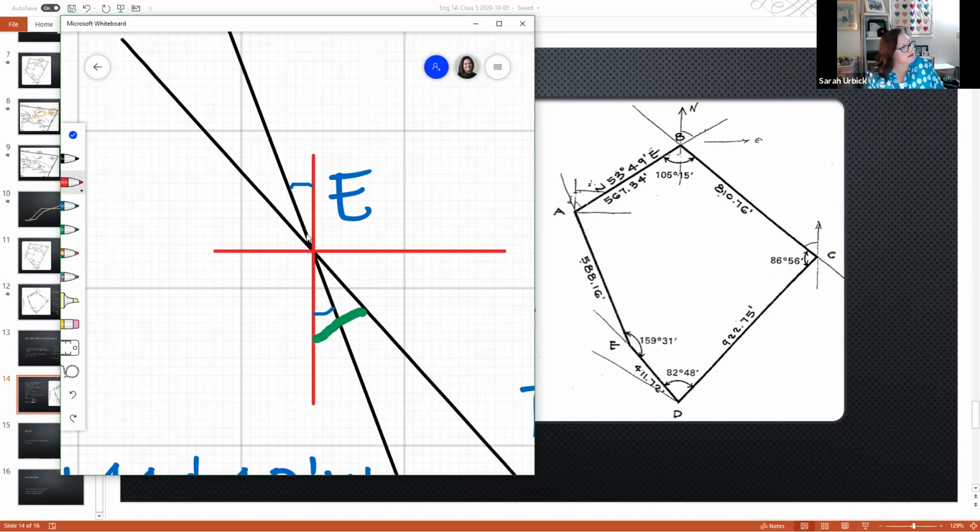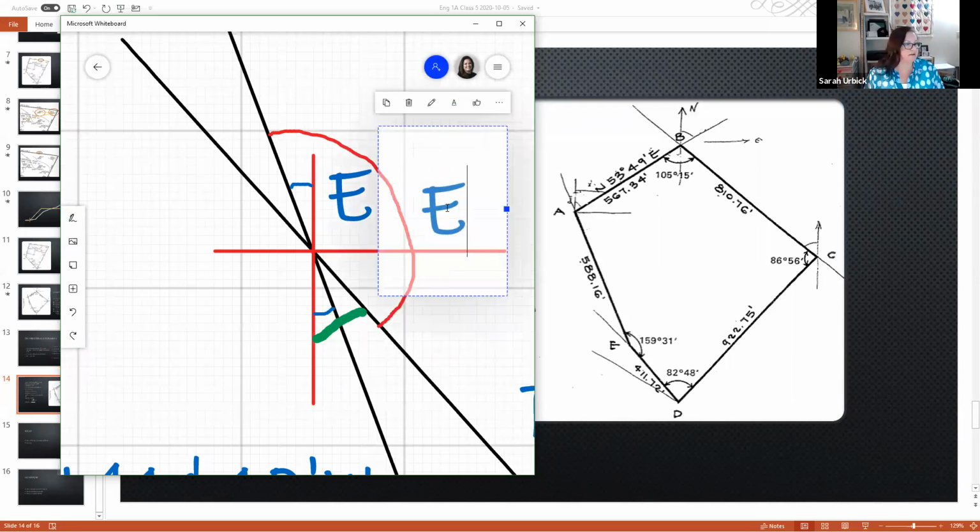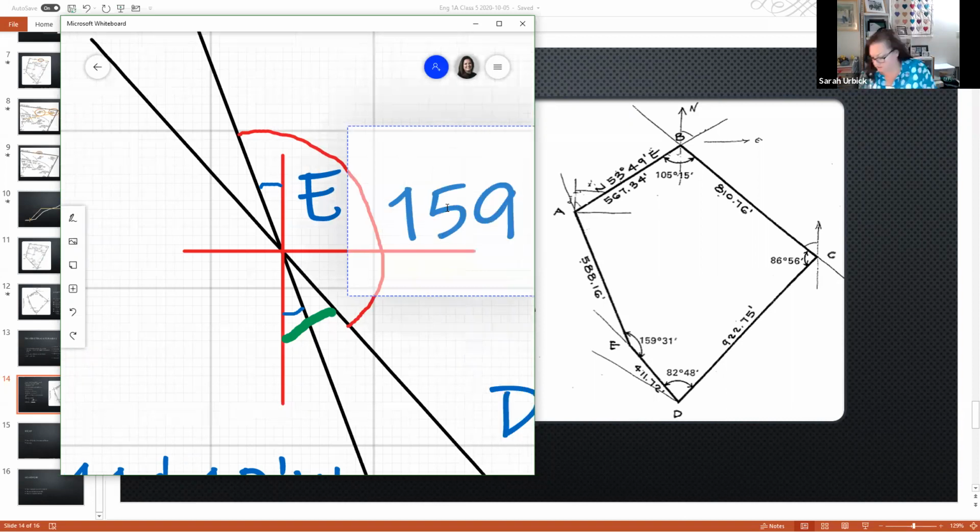Between this line here and this line here, 159, what's 31.5 something, right? 0.52.